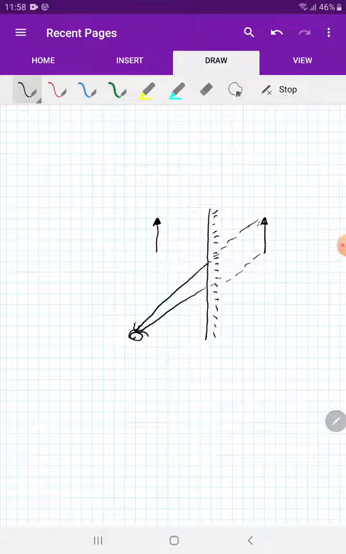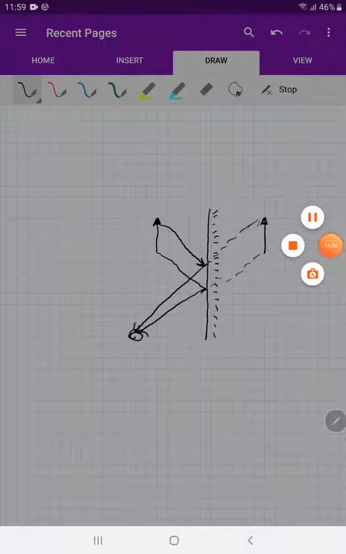Now we see the reflected rays. This one is going in here, hits the mirror there, and the other one hits the mirror there. And you will see that in practice, where you can see actually that the angle of incidence equals the angle of reflection.